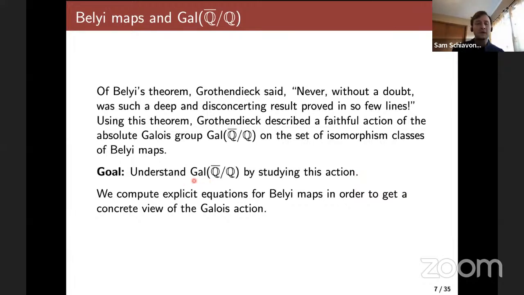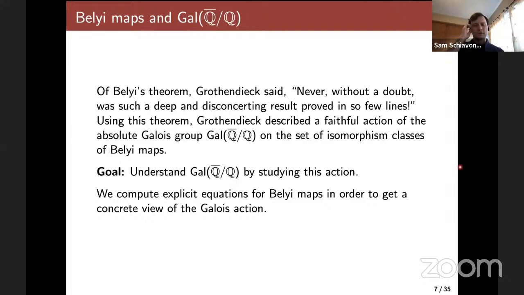The absolute Galois group of Q contains every Galois group of a number field as a quotient. So it's arguably the most important group in algebraic number theory. If we understood this group better, we could say more about number fields and their Galois groups.